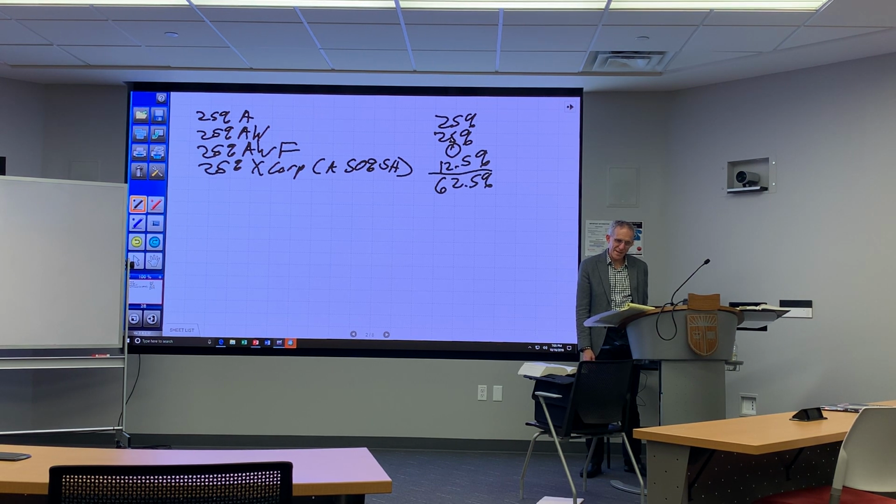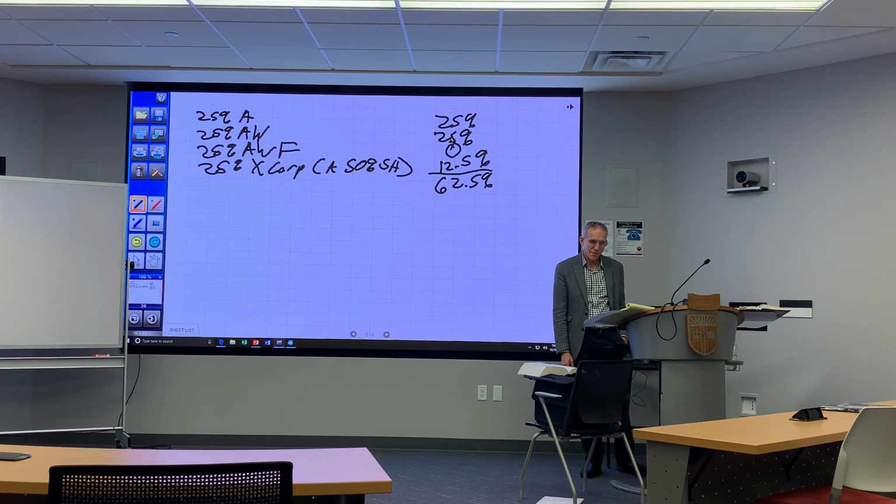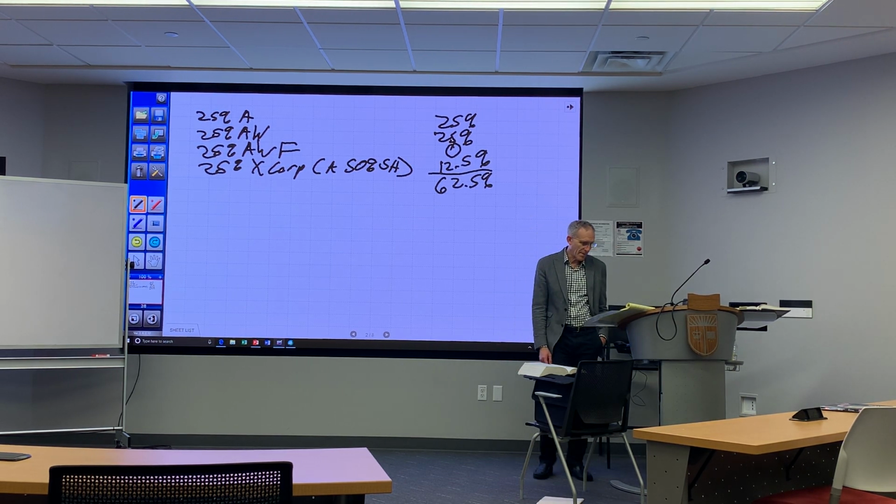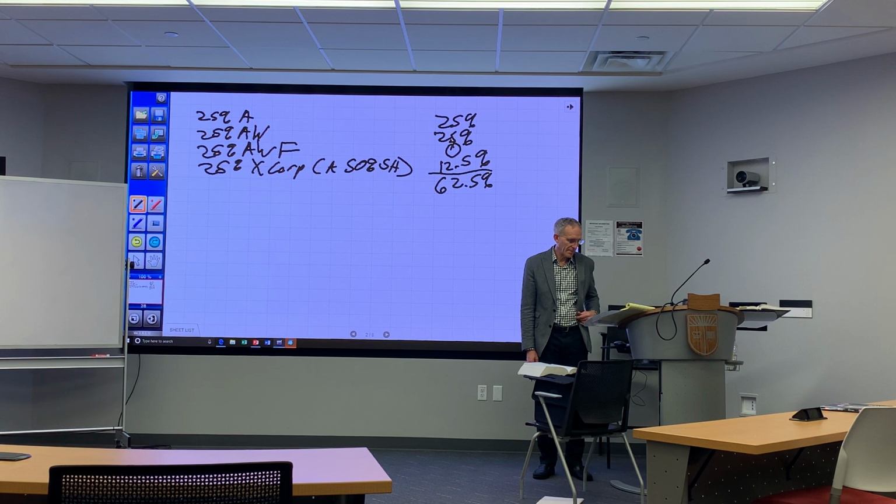So what happens here, guys? Is the loss allowed or disallowed? Disallowed. The loss here is disallowed under what code section? 707(b)(1)(A). Code section 707(b)(1)(A).